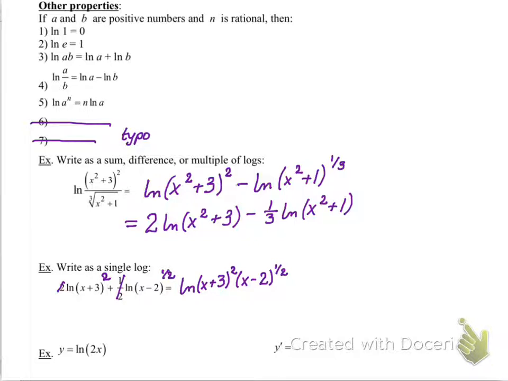According to the directions, which are on the previous page, we put 1 over 2x times the derivative of what we were taking the natural log of. And that simplifies to 1 over x. Okay.